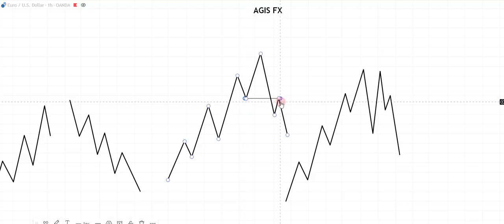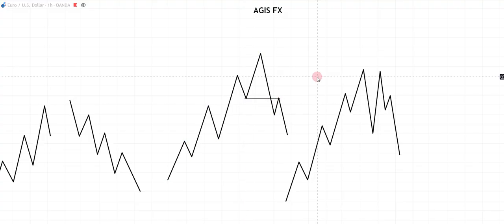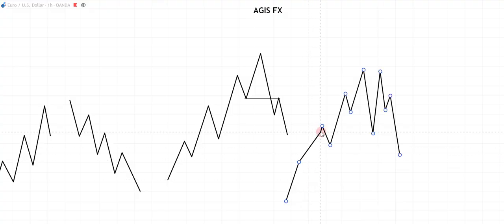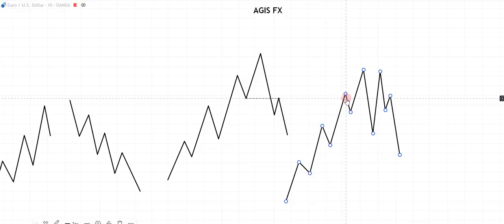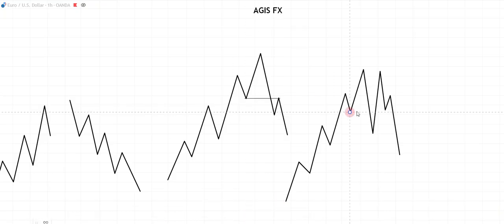Remember, when we are having a downtrend, we are only trying to look for sells at the low. Now this one we have a high, a low, higher high, higher high, higher low, higher high, higher low. Now price broke the higher low, which is right here.